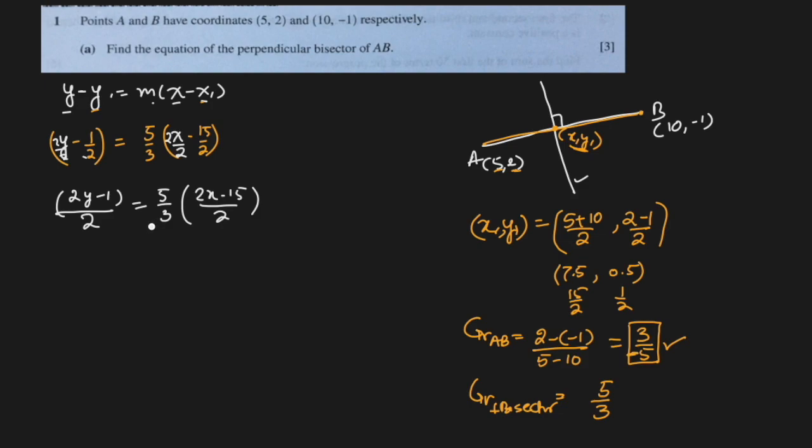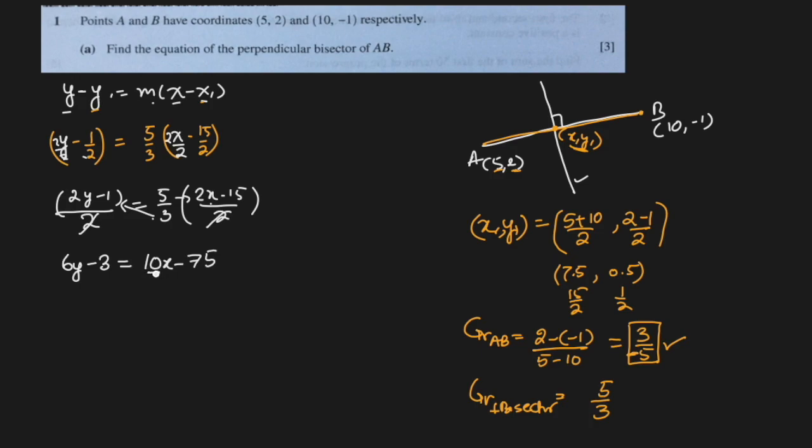Now the advantage of doing so is that we can cancel this 2 and this 2. Then we can cross multiply with this 3. So 3 times 2y is 6y minus 3 equals 5 times 2x, and multiplying inside, 10x minus 75.